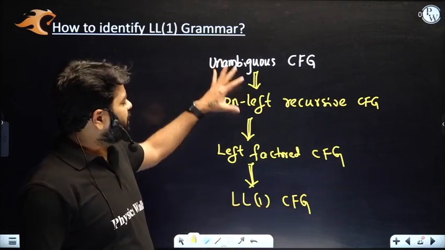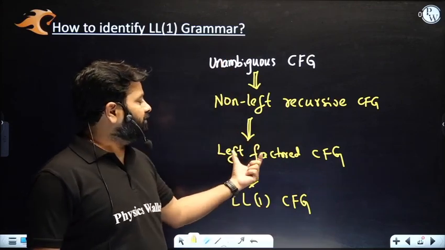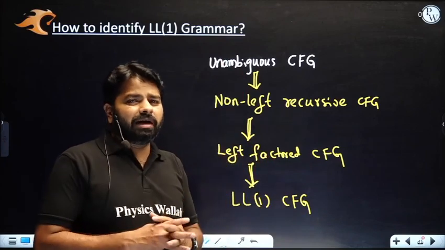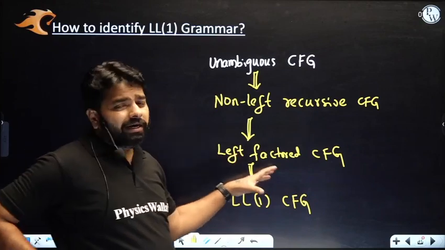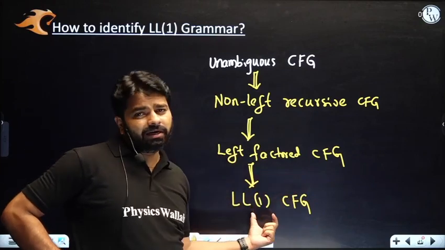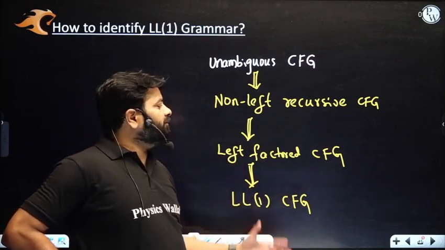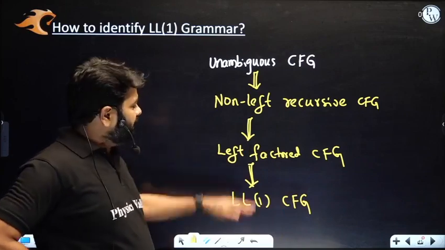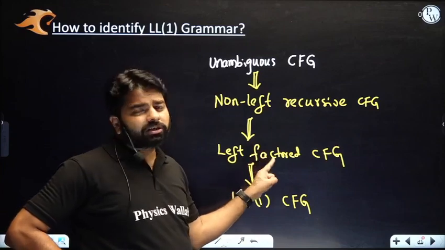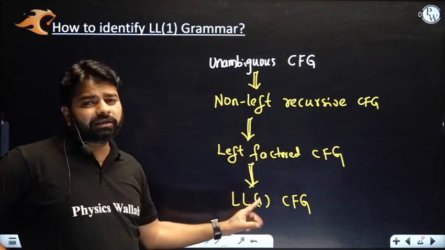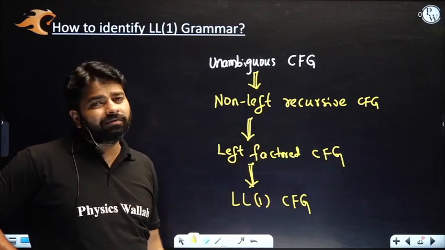So, after doing all this, once you have the left factored grammar, then you build a table, and there you can understand whether the grammar is LL1 or not. In case you do not have null productions at this point of time, directly you can say this grammar is LL1, but in case you have null productions here, then after building the table you will understand whether this grammar is LL1 or not.